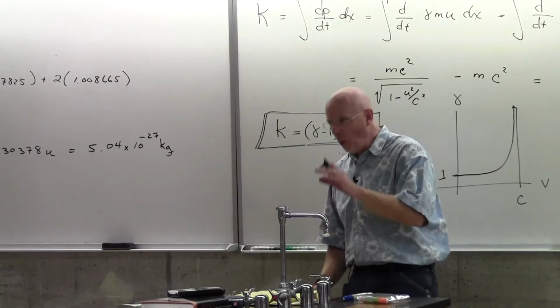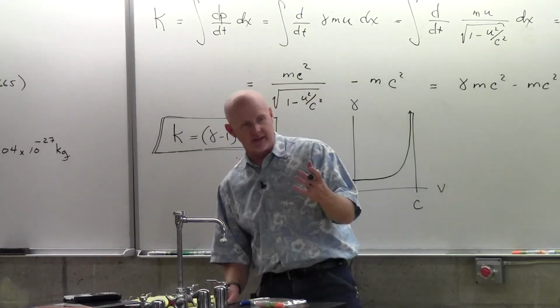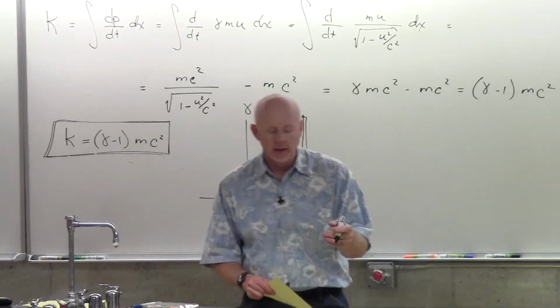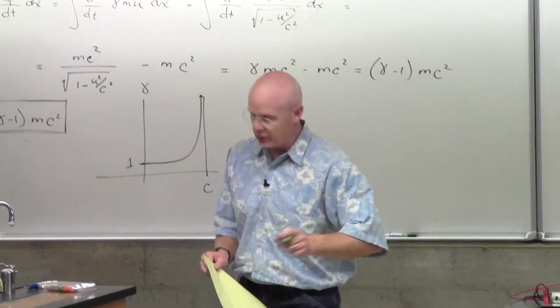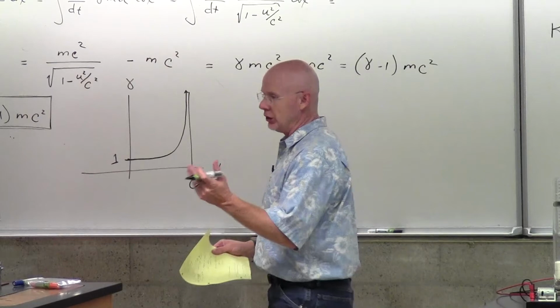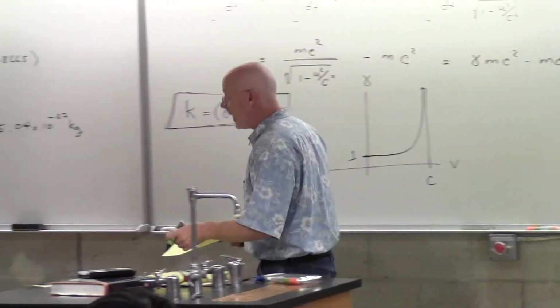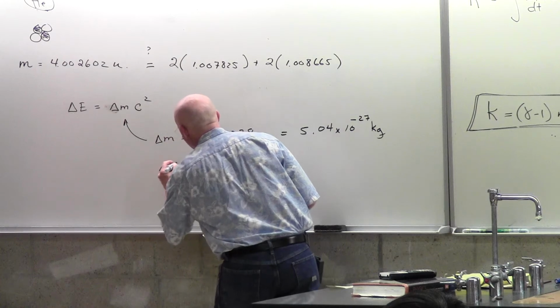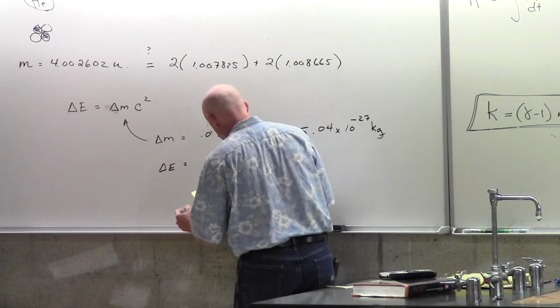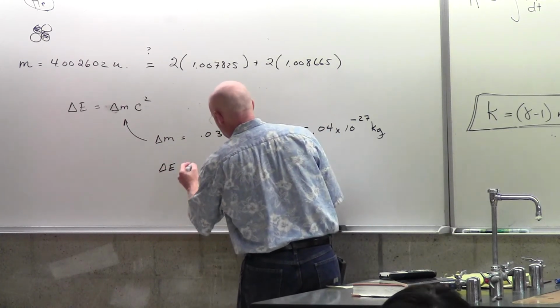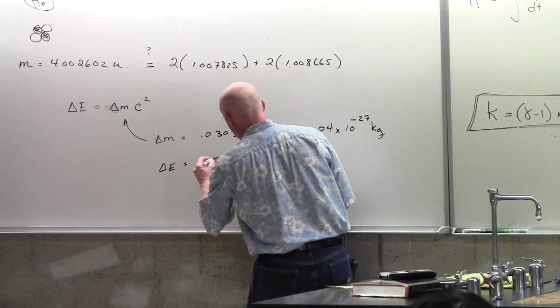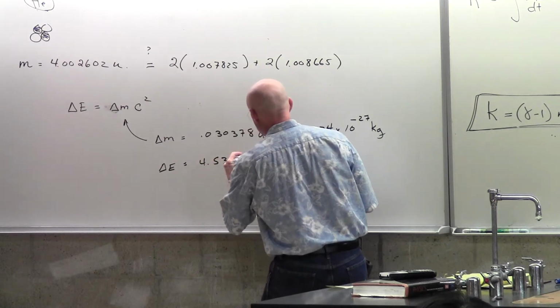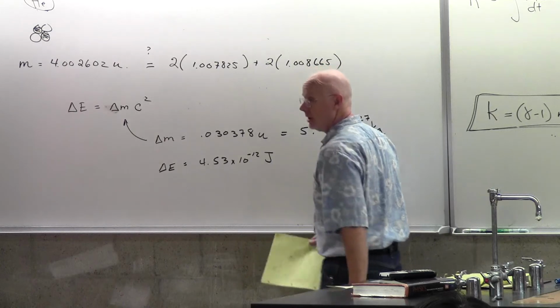Okay, so one little set, four particles, 2 protons, 2 neutrons, coming together certainly does not lose much mass, and therefore doesn't produce much energy. If you go to calculate the energy this comes out to be, it still only comes out to be 4.53 times 10 to the minus 12 joules.